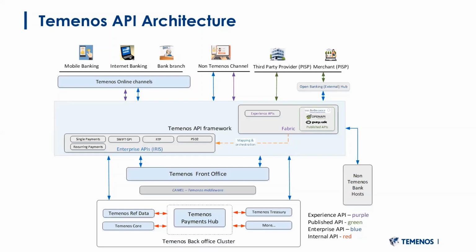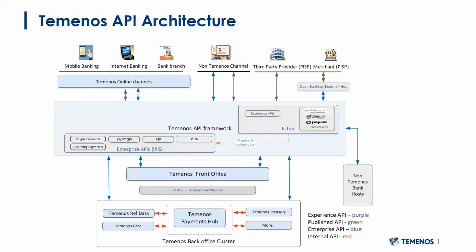But it's going to change with our new GUI that is coming along. It's going to become experience APIs. Likewise, as I said earlier, if your bank has your own channels, you probably have your own experience APIs, in which case you can directly interact with the Temenos API framework through to the enterprise APIs. So that's the practical situation. It can change a little bit here and there.